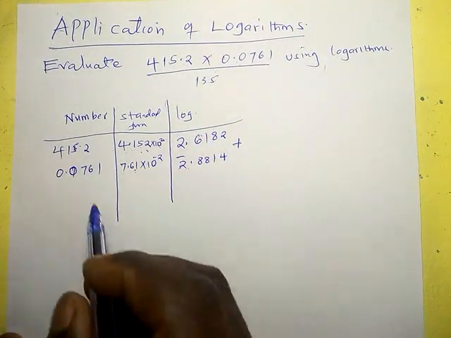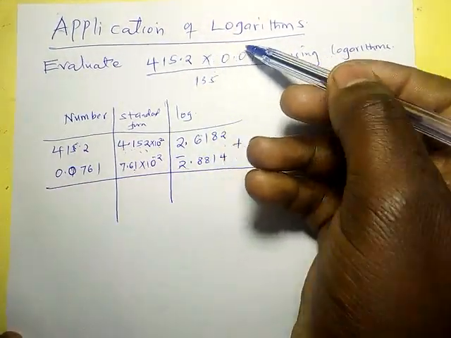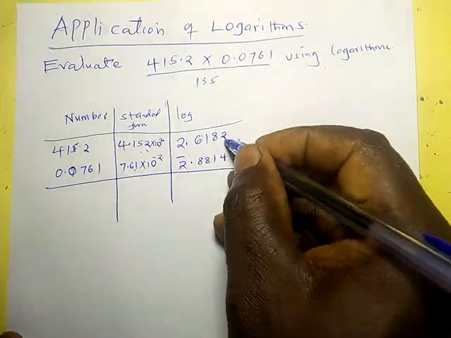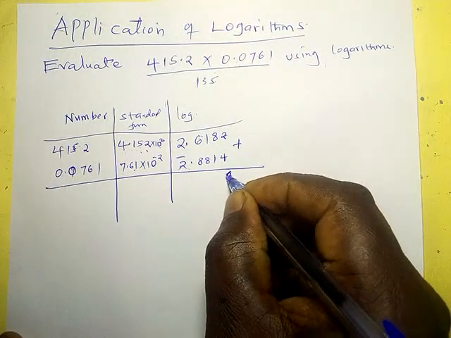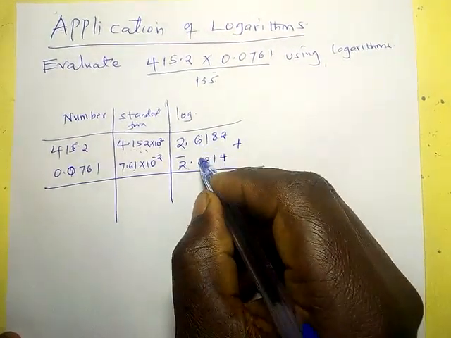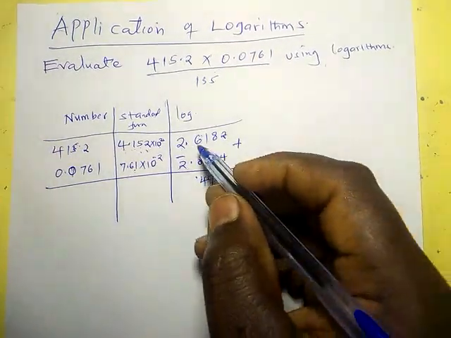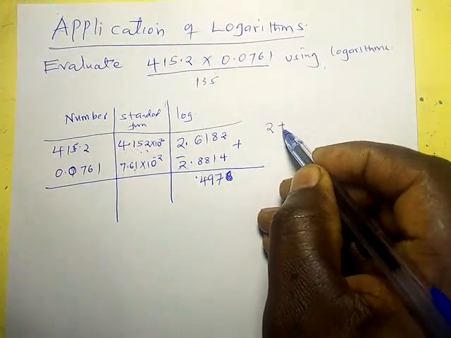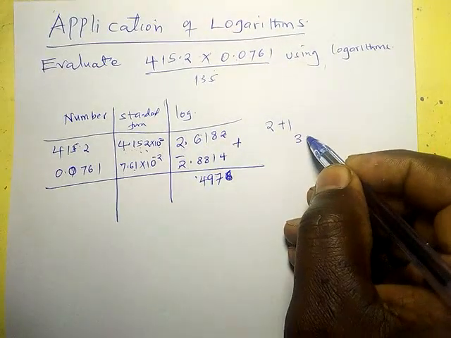And then we draw a line here to show that we have finished doing the numerator. So you add. 2 plus 4 is 6. This is 7. This is 9. This is 14. 4 carry 1. So here it is 2 plus 1, the one you carried, that is 3. 3 plus negative 2.